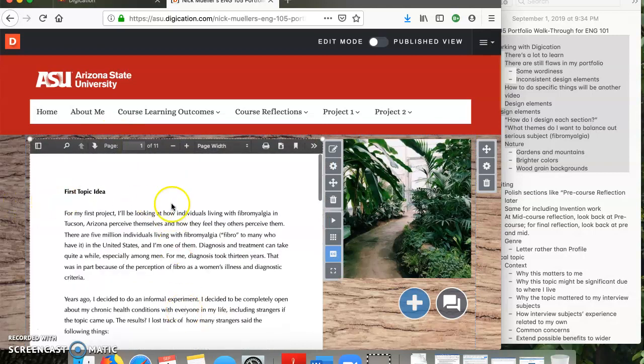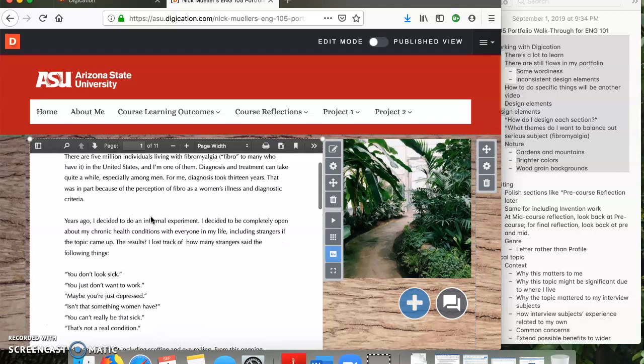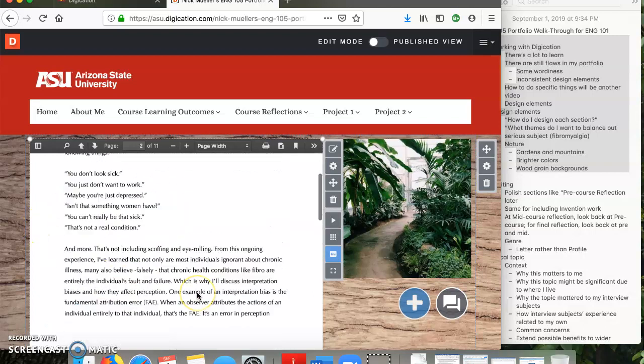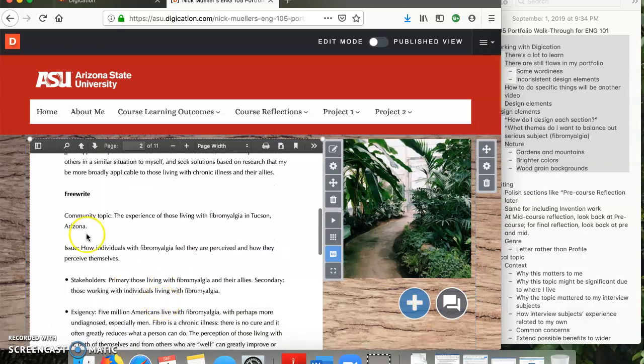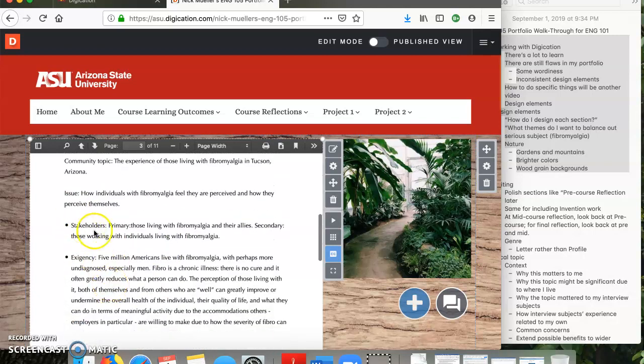We had an initial discussion board post where we had to list two topic ideas, and I included the one I went with, fibromyalgia, here. And then we had a free write, which included stakeholders: who does this issue matter to? Exigency: why does this matter more broadly?